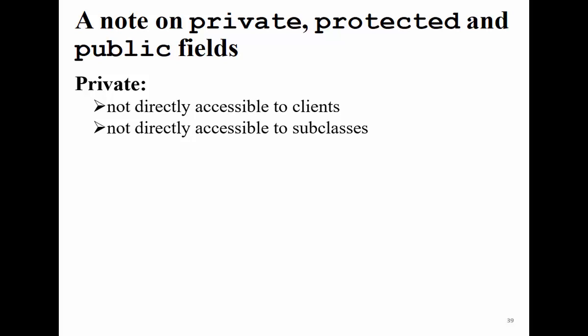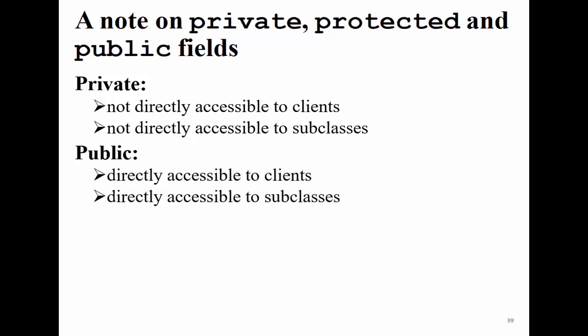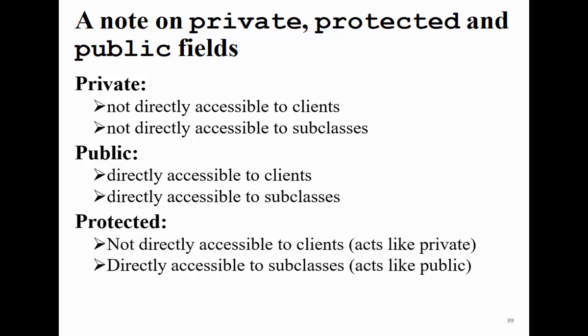As we mentioned, we use the constructors of the superclass to initialize these fields because we cannot access them. Public gives direct access to the client, the superclass, and the subclass. Now, protected is like something in between.